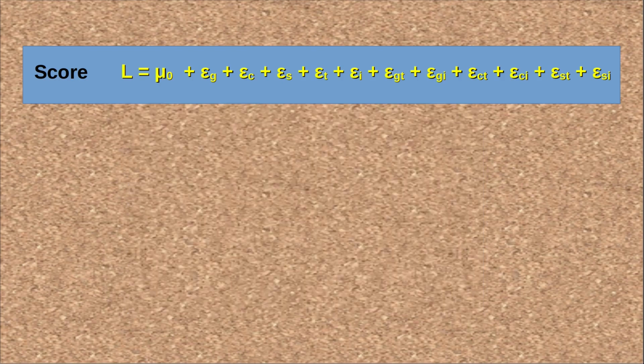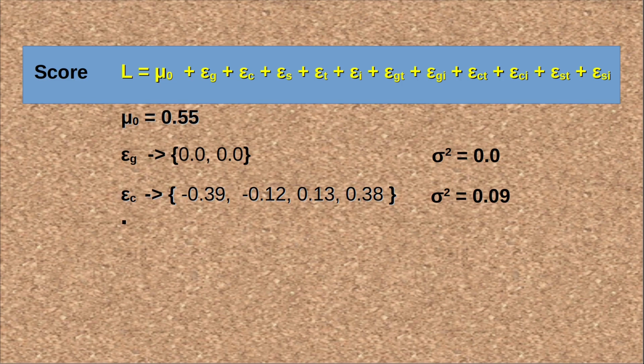Specifically, for Lloyd Street School, the value μ0 comes out as 0.55. The variance for gender is essentially 0, and that for class is 0.09, etc.